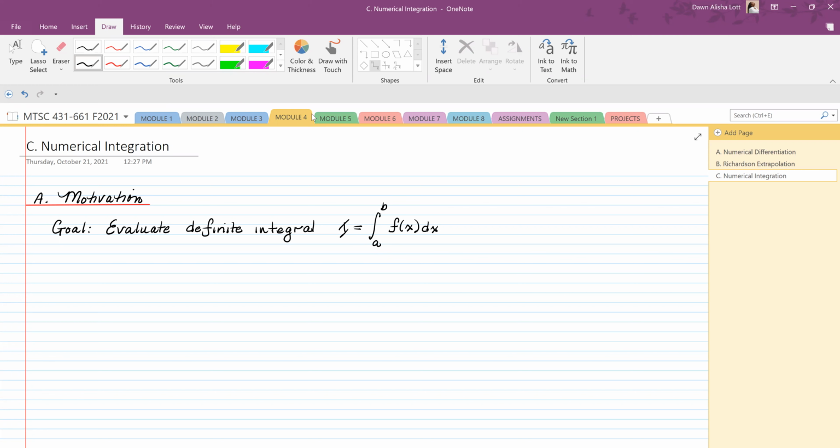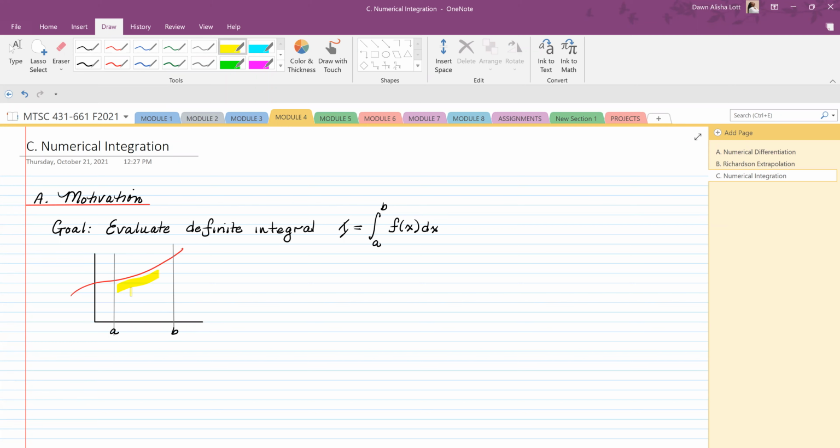So I have some function and it looks like this. Okay, and from a to b, we're looking at the area under the curve of this particular region.